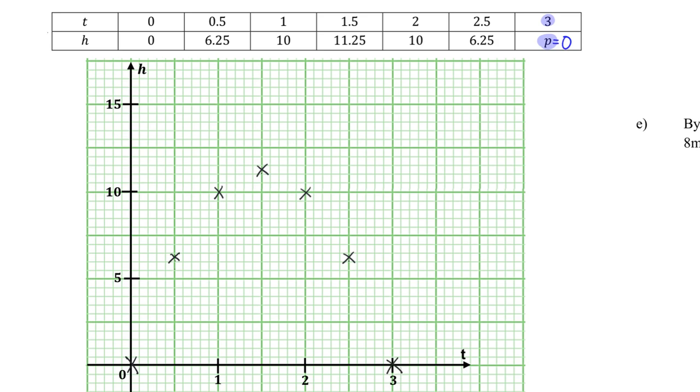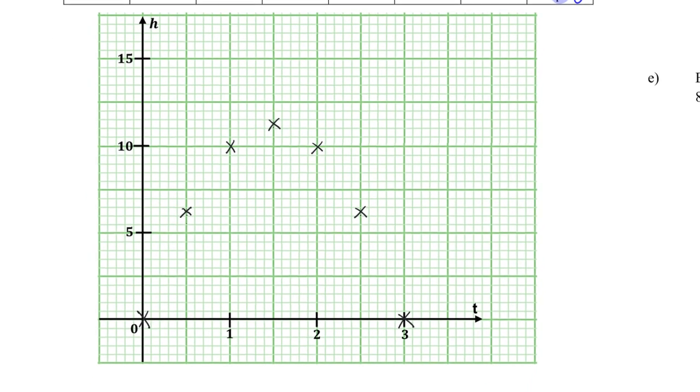So you can see the points, and that's where you will start to connect them together, and continue to connect the points together.